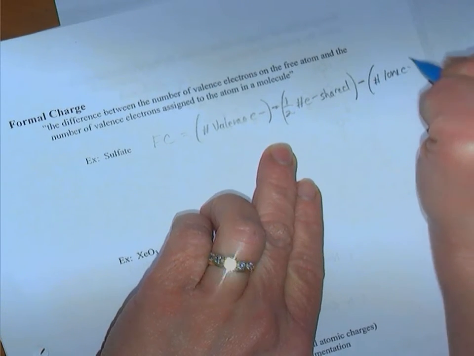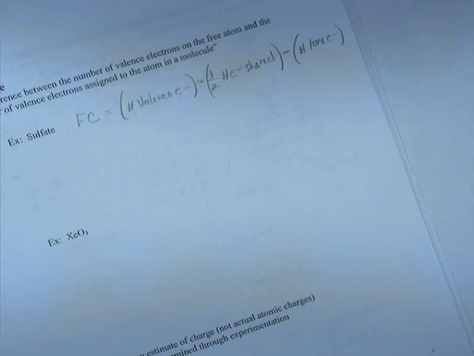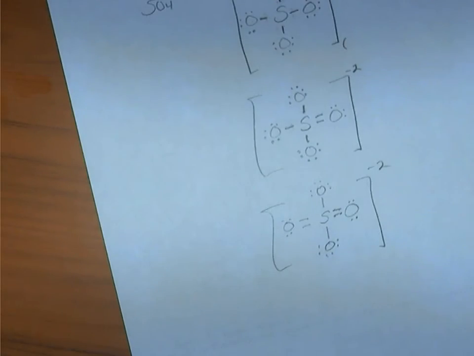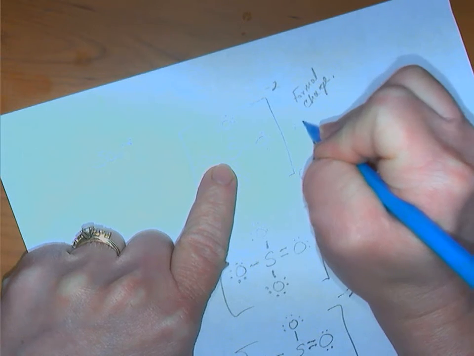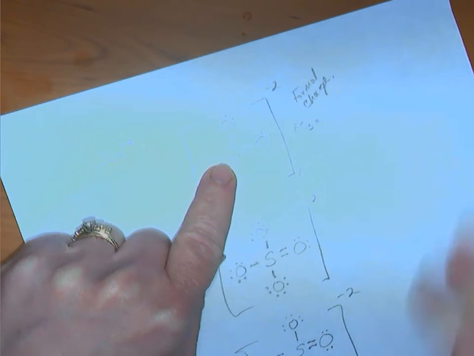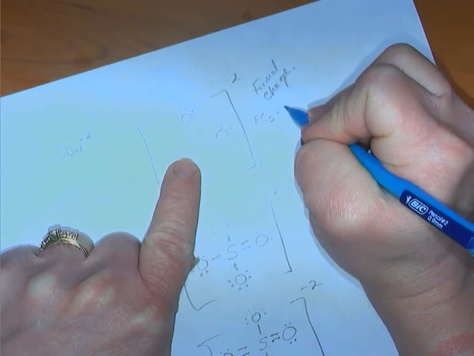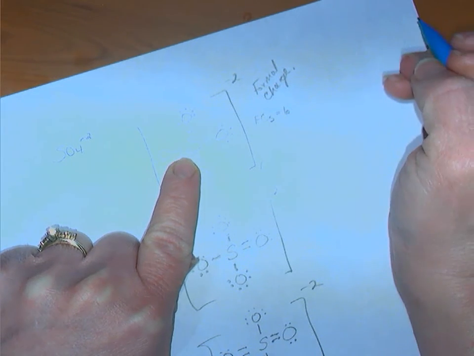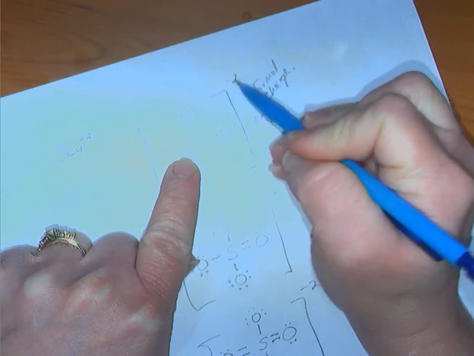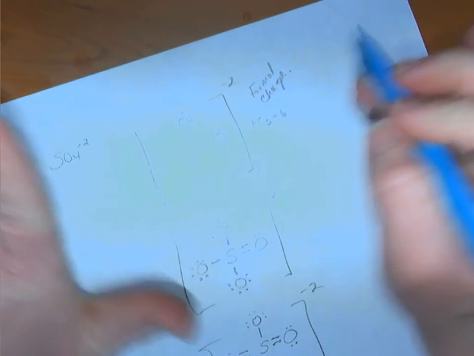And I will show you plenty of examples. Okay, so let's go ahead and calculate the formal charge on this sulfur. All right, we assign it 6 valence from its position on the periodic table. Even though we assigned an extra 2 because of this, that's not part of the calculation.